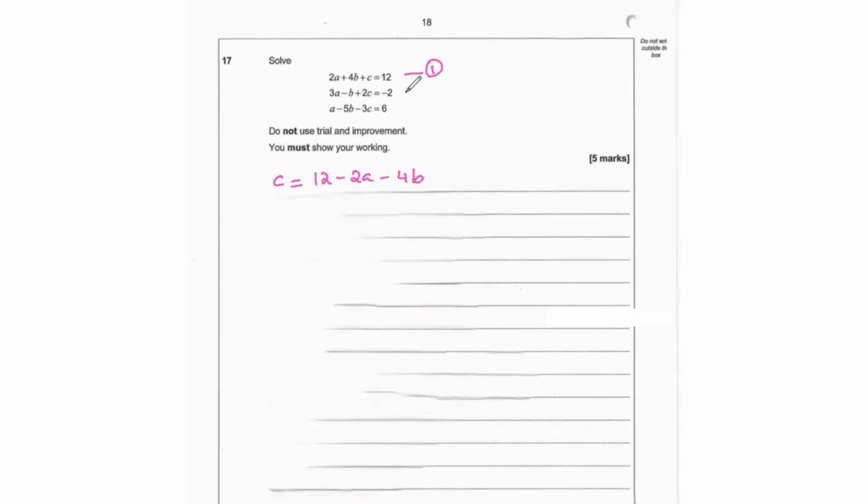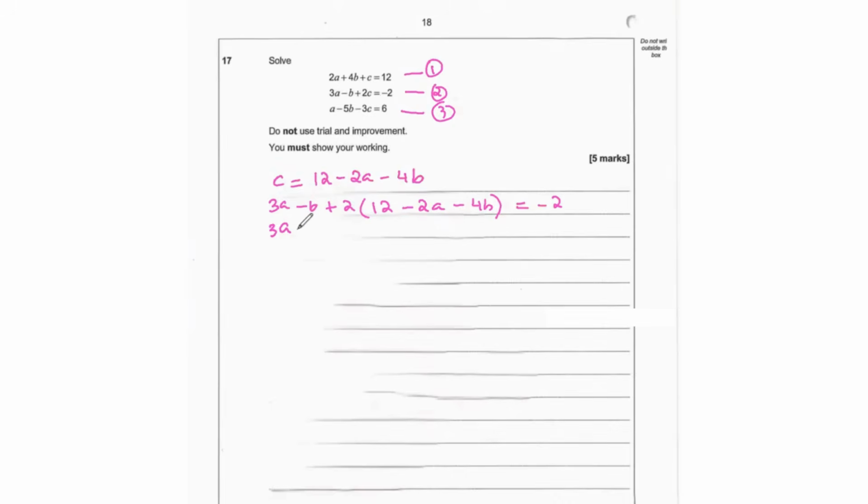Now I'm going to substitute this in the second equation. So c will get replaced by this. So 3a minus b plus 2 times 12 minus 2a minus 4b equals negative 2. Then I'm going to do the same with the third equation. And this way we'll have two equations with just the variables a and b. And we can solve those to find their value. And then we can substitute those in this equation to find the value of c.